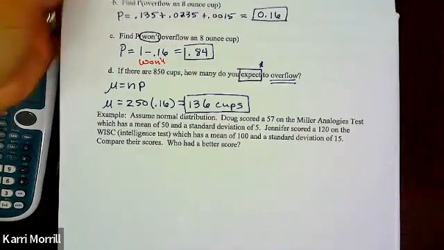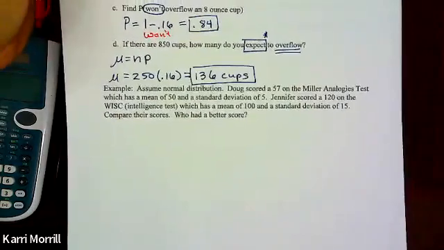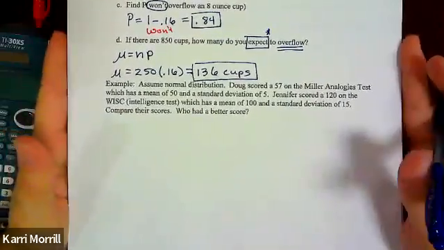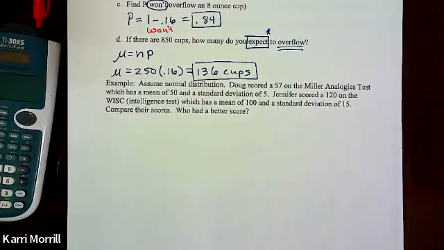Assume normal distribution. Doug scored a 57 on the Miller Analogies test, which has a mean of 50 and a standard deviation of 5. Jennifer scored a 120 on the WISC intelligence test, which has a mean of 100 and a standard deviation of 15.